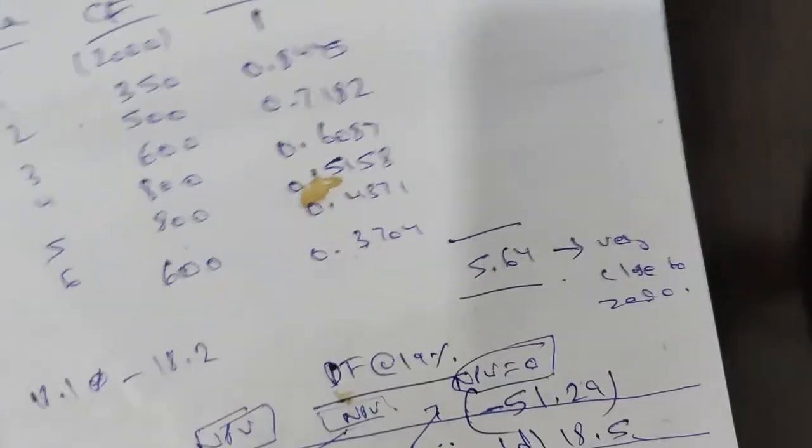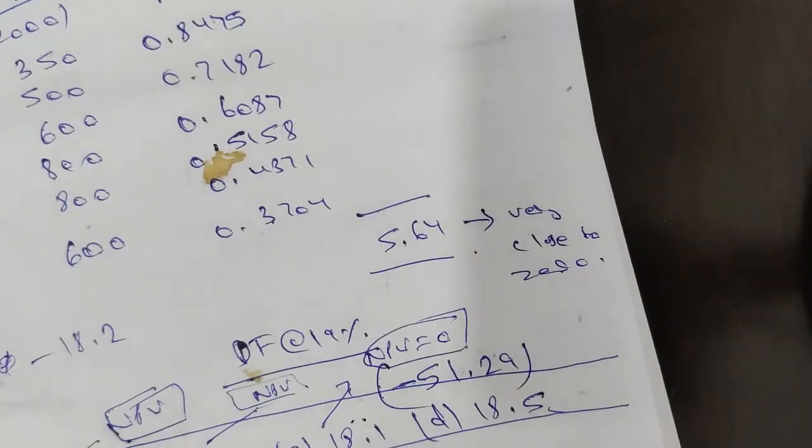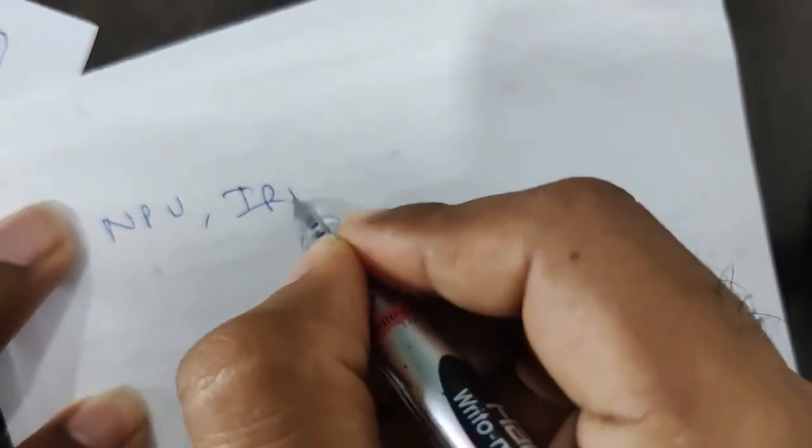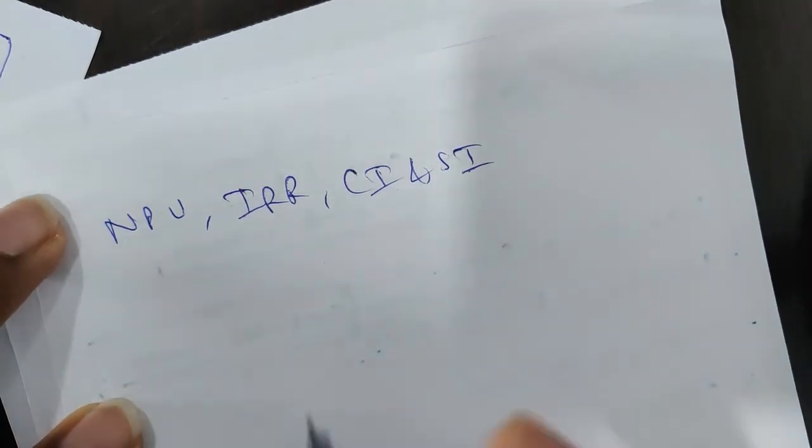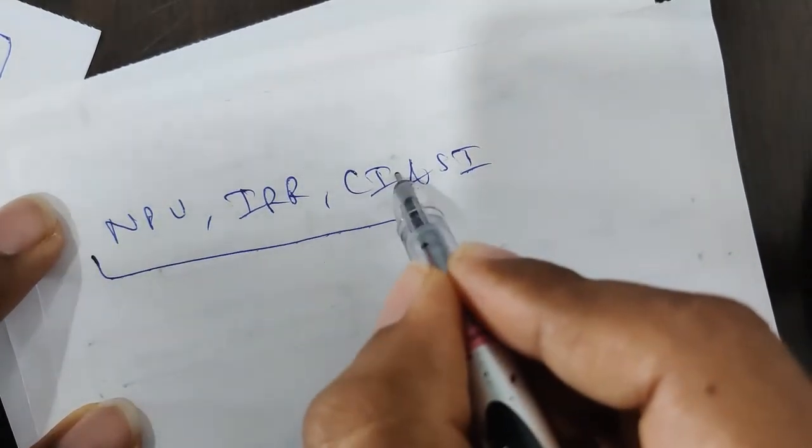So in the current class we have seen NPV, IRR, compound interest and simple interest, and we have seen how these three are related.